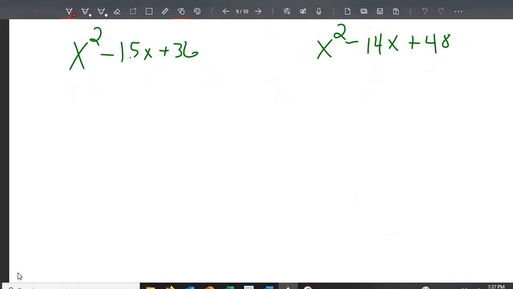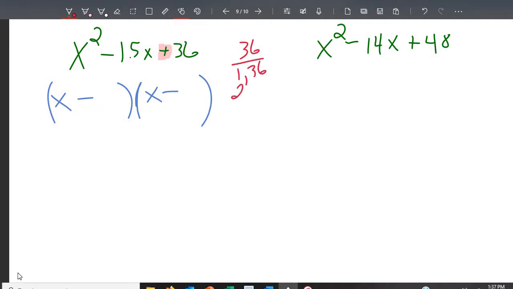Alright, let's do the next one. Now the sign at the end is a plus sign, so the signs are going to be the same in the parentheses, and they're both negatives, because that's the sign in the middle. Now, all the factors of 36. There's a lot of them. 2 and 18, 3 and 12, 4 and 9, 6 and 6.